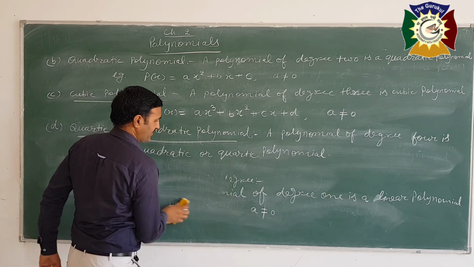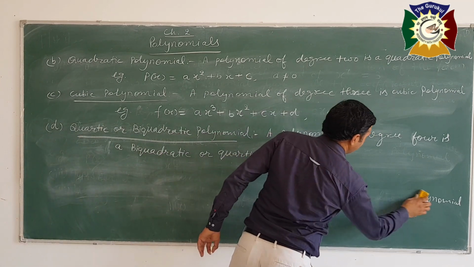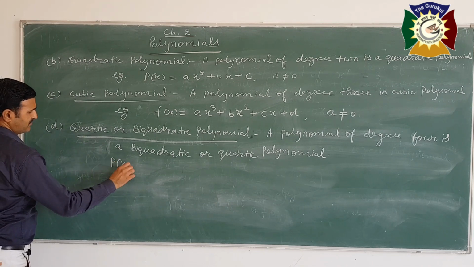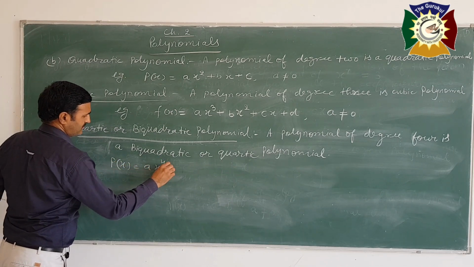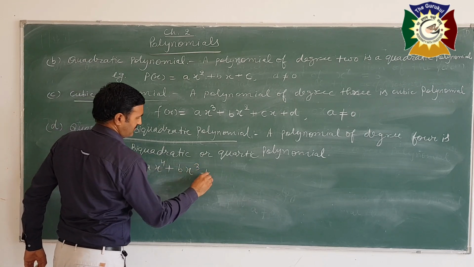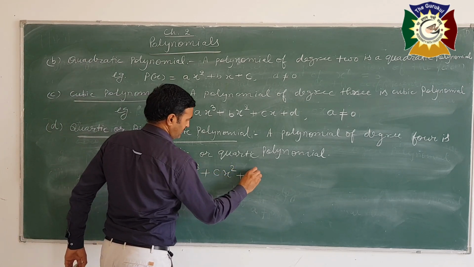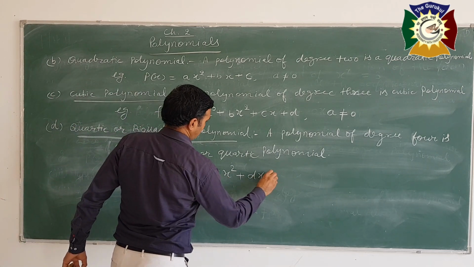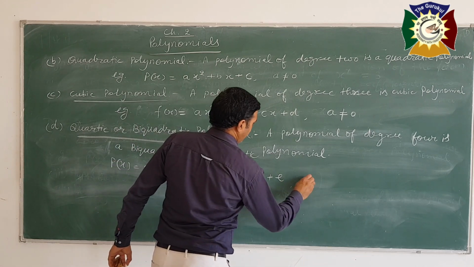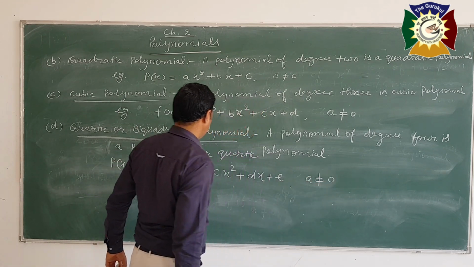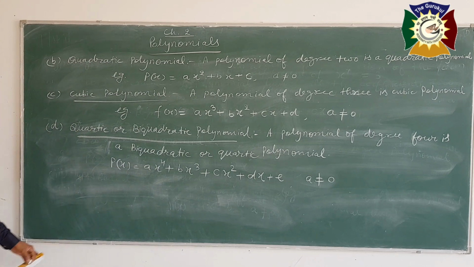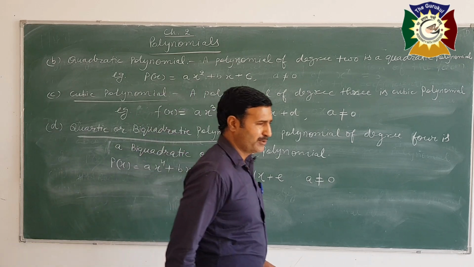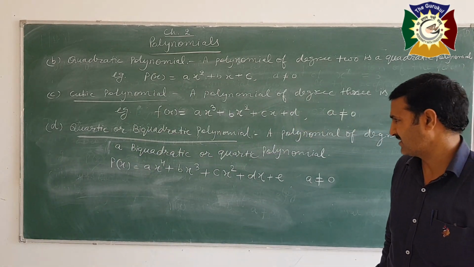Example for this, the general polynomial of degree 4, and A should not be 0 for this also. This is a quartic polynomial because degree of this is 4. So, these are the main types of polynomial based on degrees.